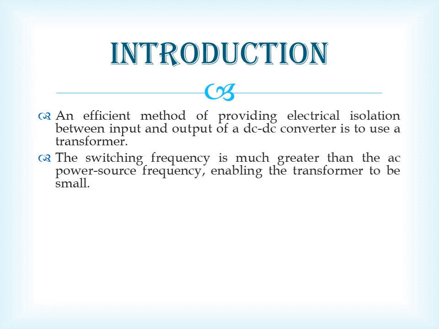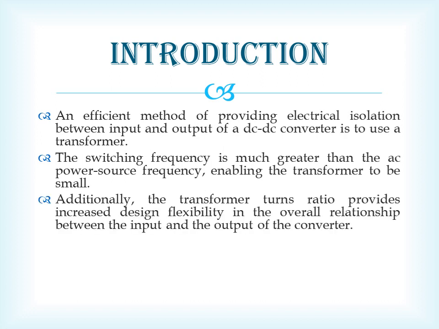It is good to use a transformer in these DC to DC converters, because we have already seen in Unit 3 that they are operated at a very high frequency. The switch is operated at a very high frequency. So if we design a transformer for a high frequency, usually the transformer size is less bulky, it is smaller in size, so we don't have a problem in designing.